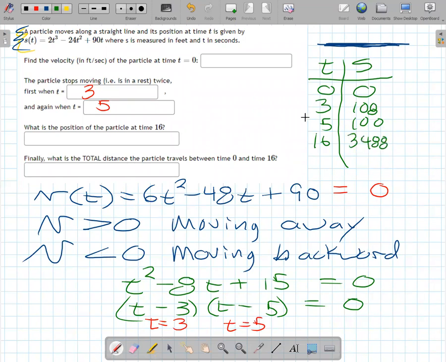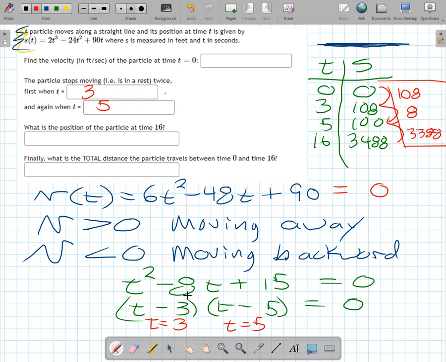So then its total distance is going to be, it traveled that 108 right there. And then it traveled back 8, and we're not going to call it negative there because that's part of the distance it traveled. And then it went from 100 to 3,488. And so that would be 3,388 for its total distance covered. So the sum of those would be my total distance.